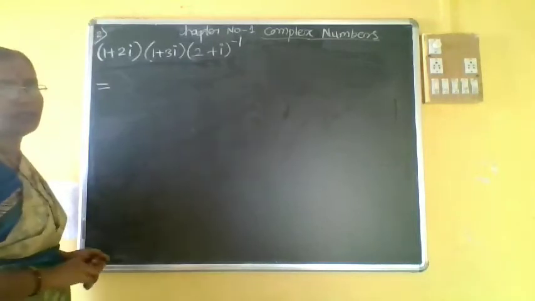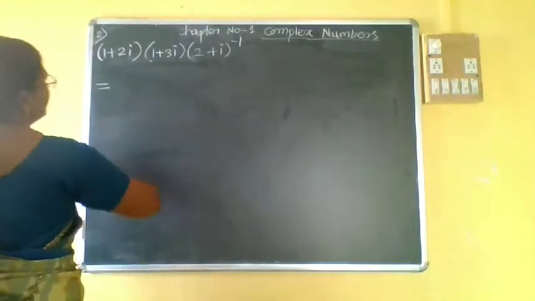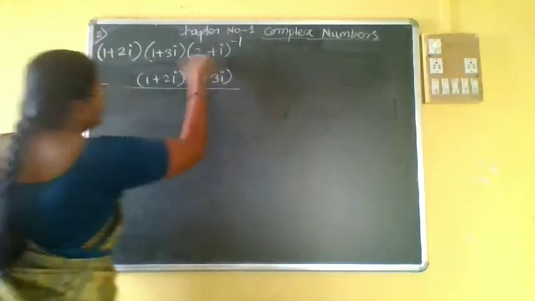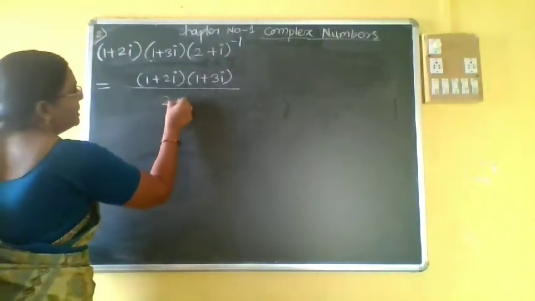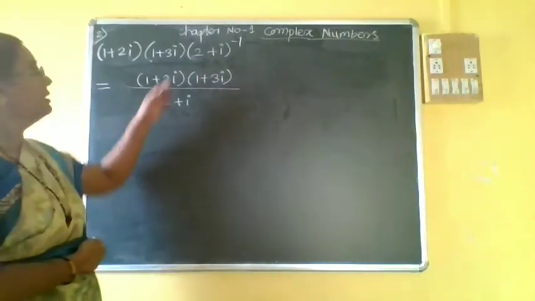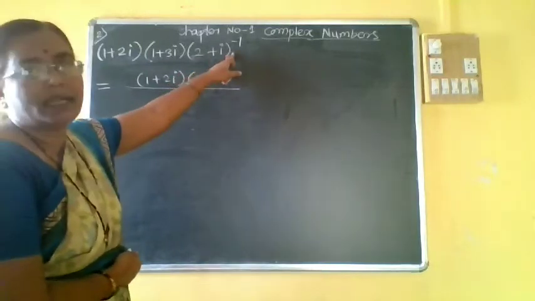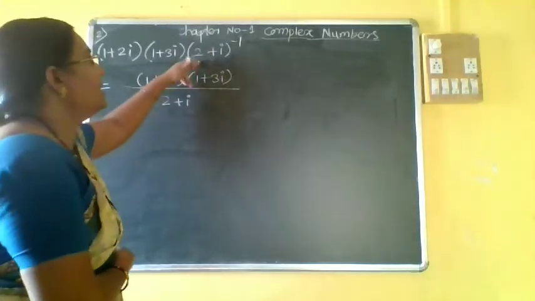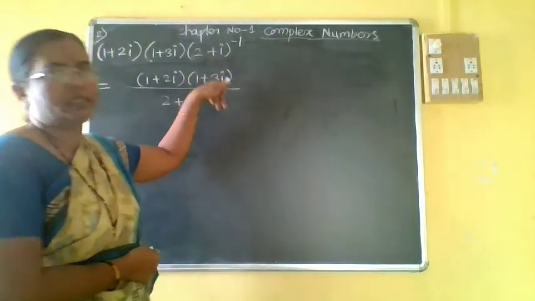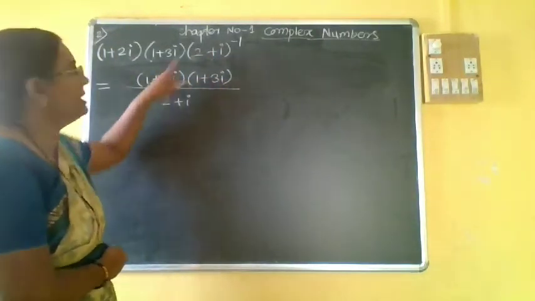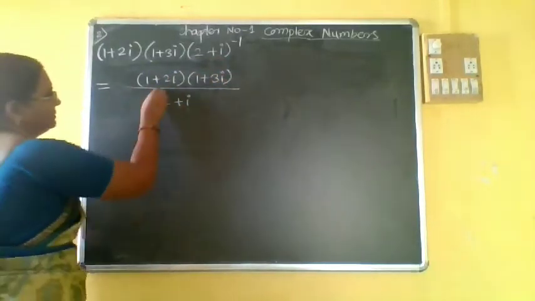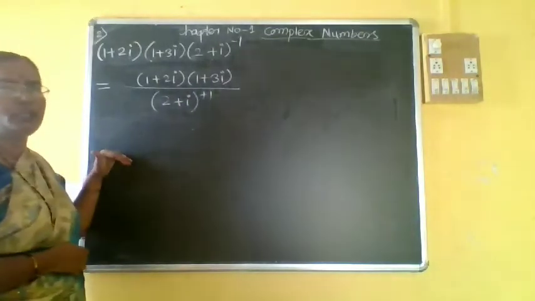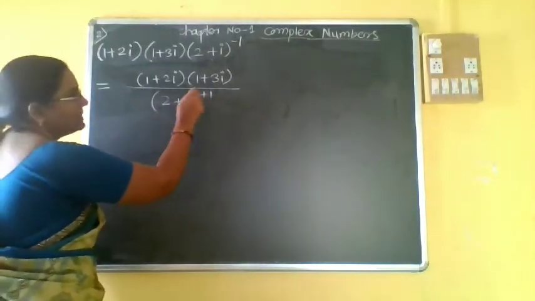We have already learned this in the chapter on indices in earlier standards. Keep (1 + 2i) and (1 + 3i) as they are and take the third bracket into the denominator, because whenever we change the sign of the index we move the bracket between numerator and denominator. Therefore the index becomes plus 1.